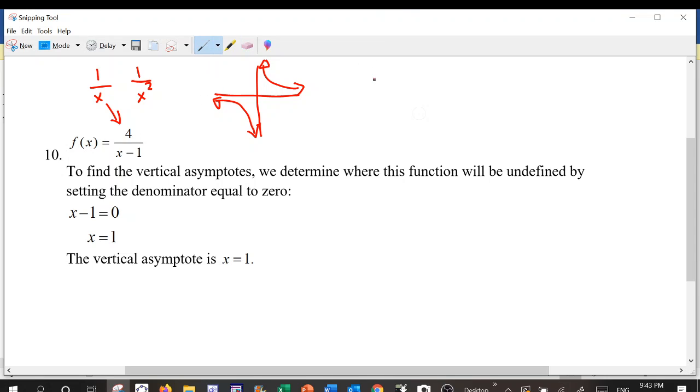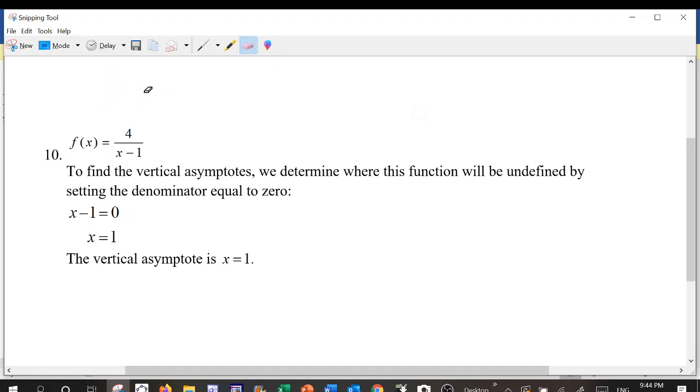Well, we can start with 1 over x and subtract 1, which is a horizontal shift to the right, and then multiply by 4, which is a vertical stretch, right? So to get the graph of this, we just move it to the right 1 and then vertically stretch it. But we'll get to that. For now, let's talk about the asymptotes.